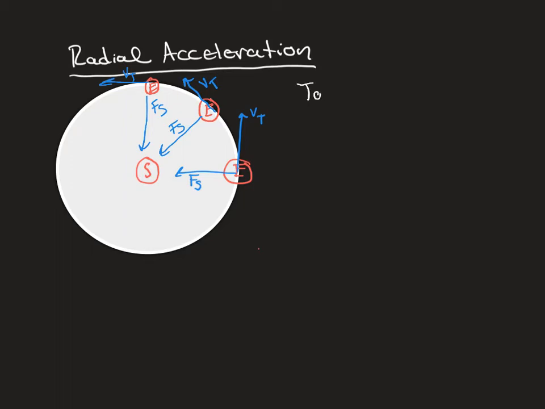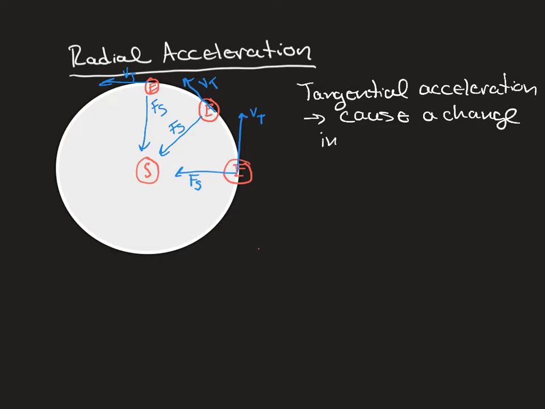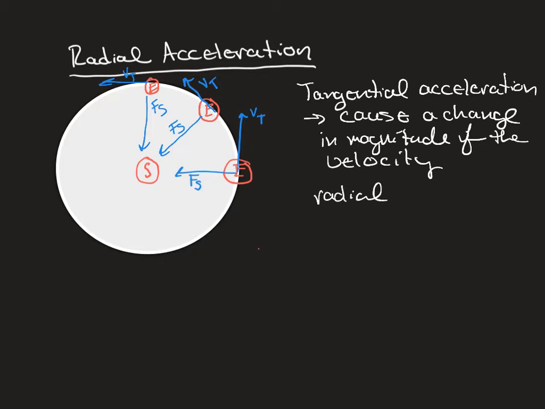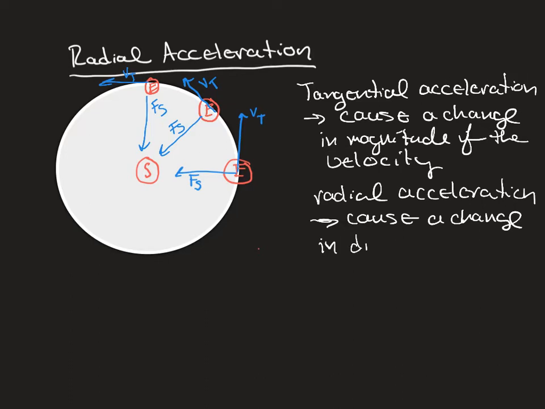So we're going to define the difference between tangential acceleration, which is going to cause a change in magnitude of the velocity, so change in size of the velocity, versus a radial acceleration, which is going to cause a change in direction of the velocity.